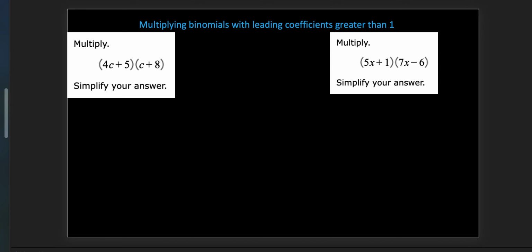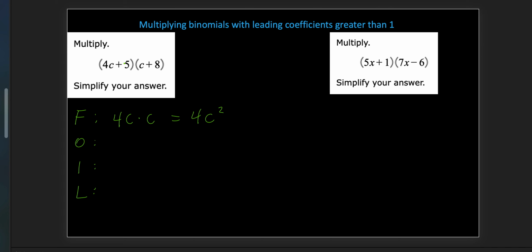Now I've got two binomials again. They're going to start to look a little different, and we use the same process. So if we use first, outer, inner, last, you can just write down the terms, or if you want to write down FOIL and do this, that's just fine. So the first positions give me 4c times c. See that? Which is 4c squared.